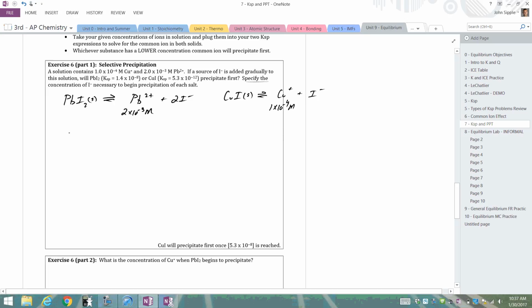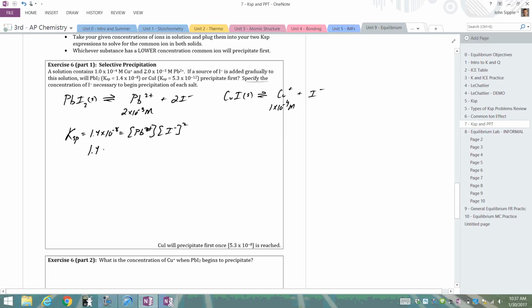So we know KSP for this guy is equal to 1.4 times 10 to the minus 8, which is equal to the concentration of lead plus times the concentration of iodide squared.